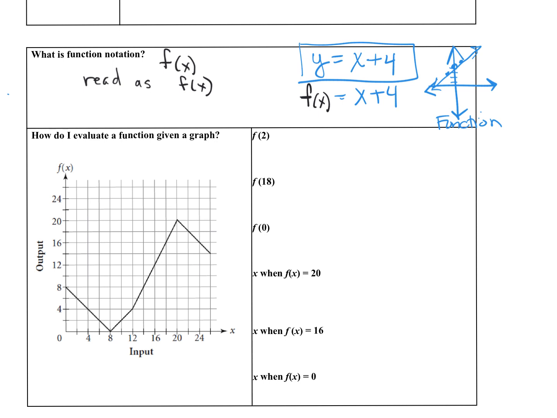A couple of different ways that we can read this. I just looked at this and said that the function notation is f of x, and that's how we read it. Also, it can be read as the value of the function at x.